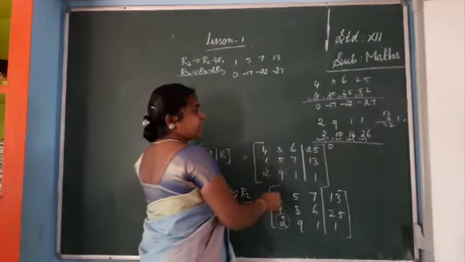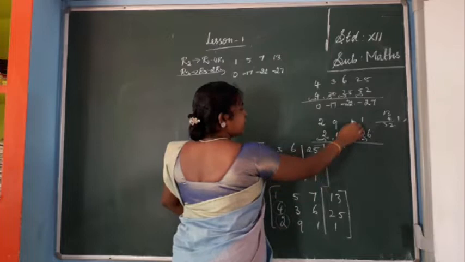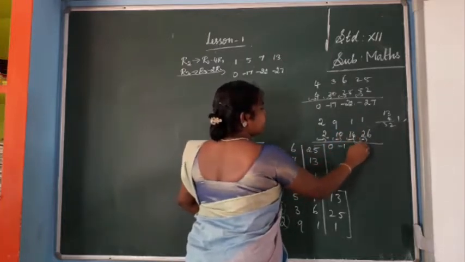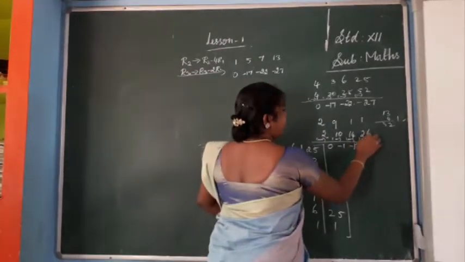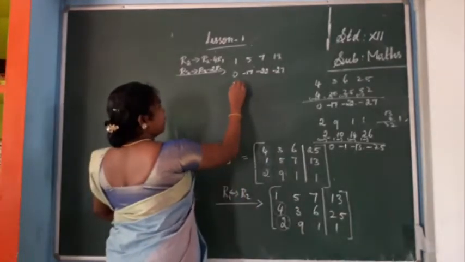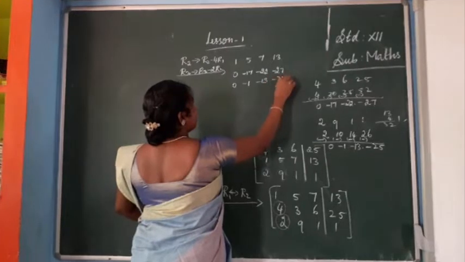Next, 9 minus 10, greater is minus, so 10 minus 9 is 1. Next, 1 minus 14, greater is minus, 14 minus 1 is 13. Next, 1 minus 26, greater is minus, 26 minus 1 is 25. We can write here 0, minus 1, minus 13, minus 25.